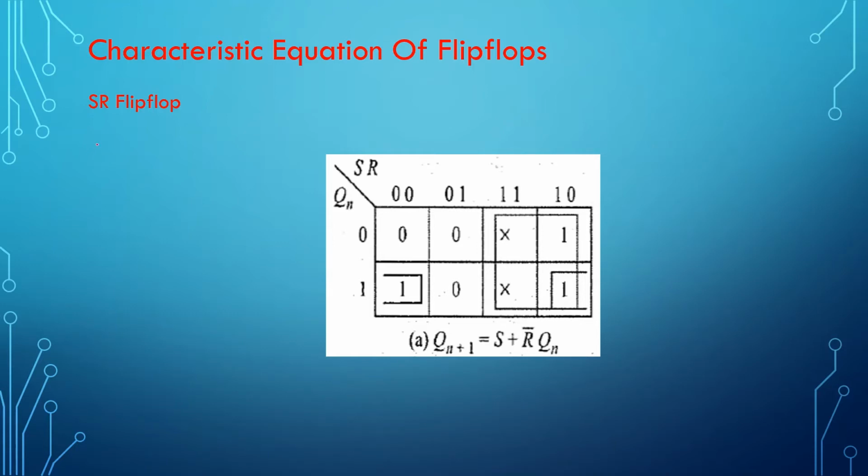So let me write it down here for you. My SR flip-flop will have two inputs, and it will also represent the present state, that is Qn, and this will be the output or the next state the flip-flop is going to exhibit after the input is given with respect to the clock edges.